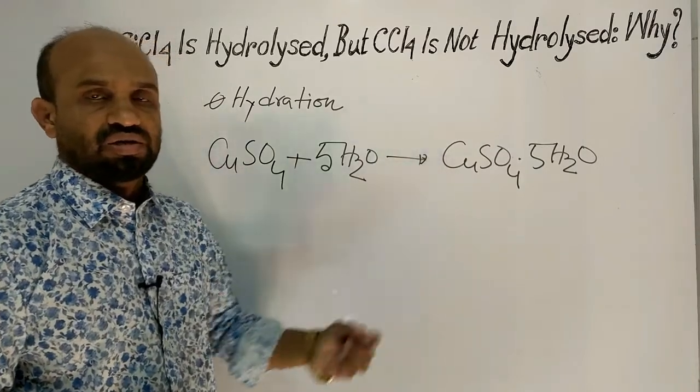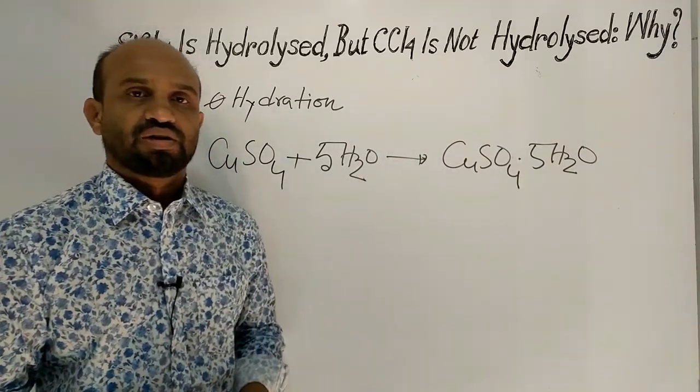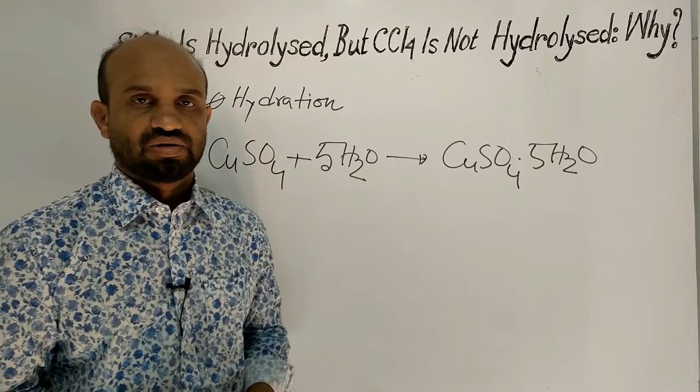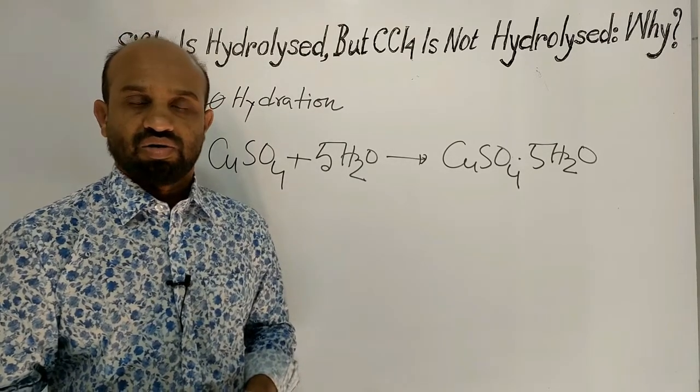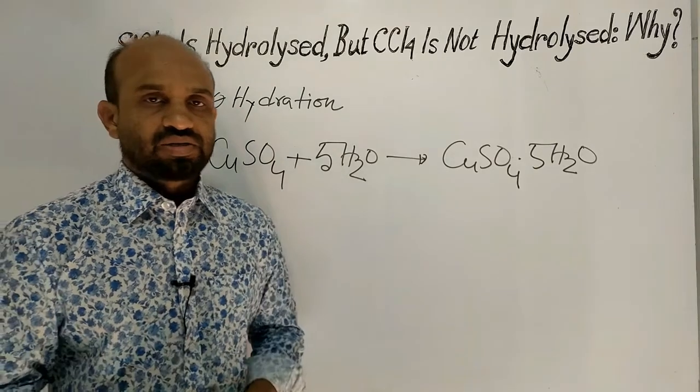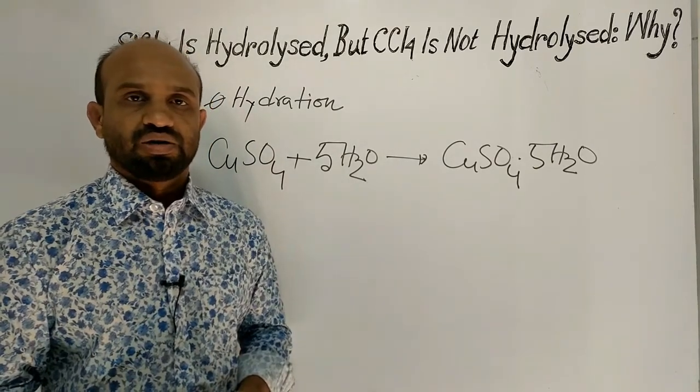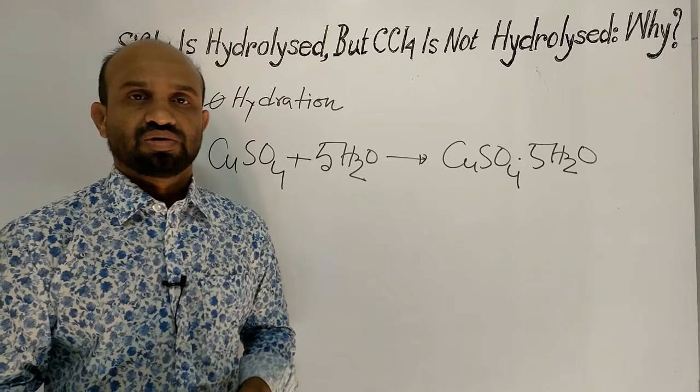Here as well, water molecules just attach to the copper sulfate. No breaking of bonds of water molecule occurs. Let's see how 5 molecules of water attach to copper sulfate.